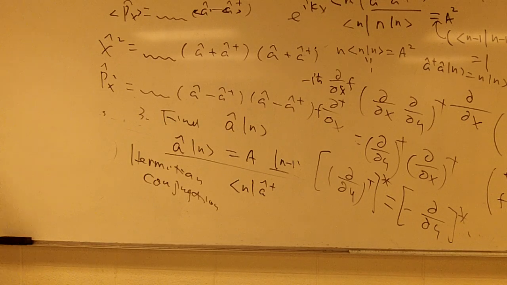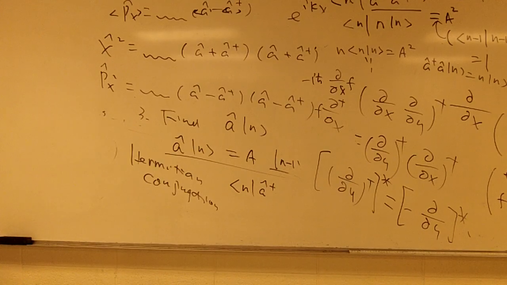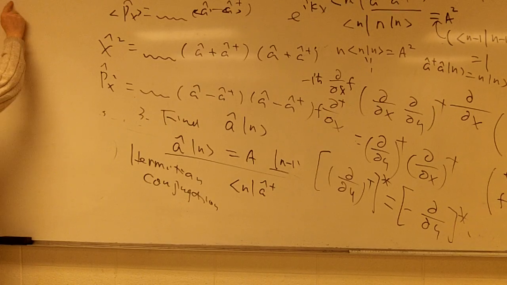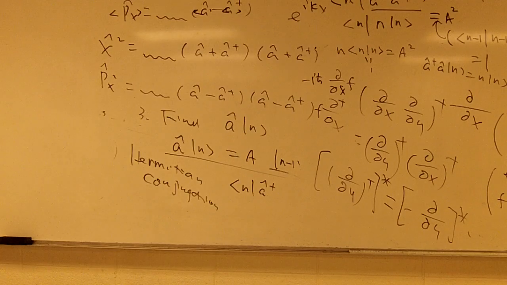If you have A itself without a dagger, then this will be n minus 1. So just be sure there's a little asymmetry here. For the A dagger, it is square root of n plus 1, but A itself is just square root of n. But of these two, one increases and one decreases n by one. So that is what we want.